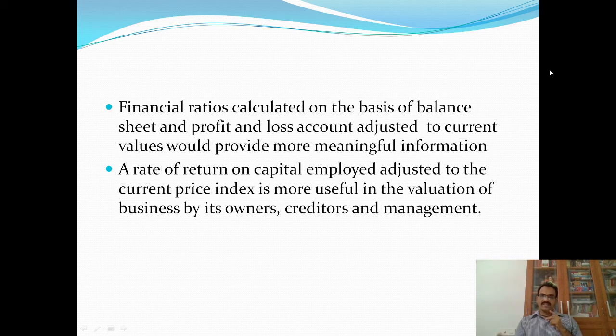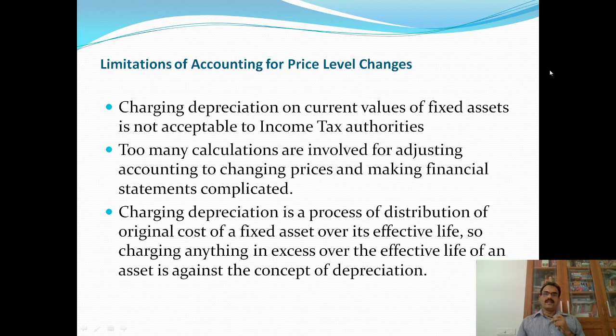So the financial ratios calculated on the basis of these figures will give meaningful information to the management. And the next one is that the rate of return on capital employed adjusted to current price index is more useful in the valuation of business by its owners, creditors and management, because all these figures are based on the current price of the assets.